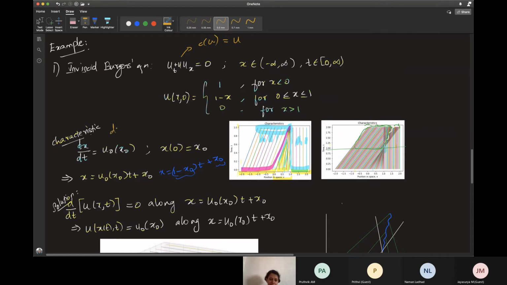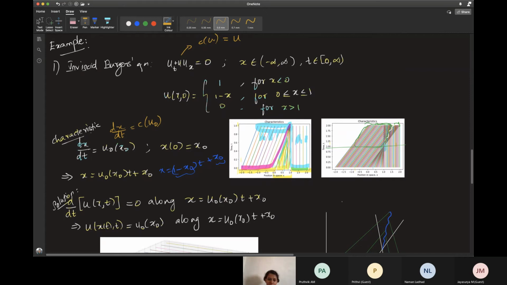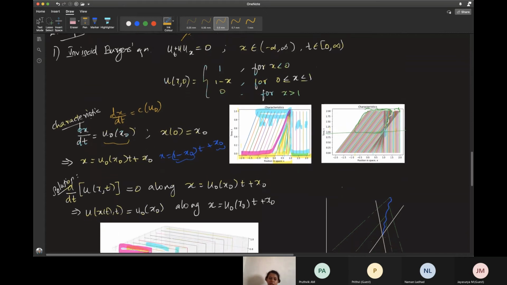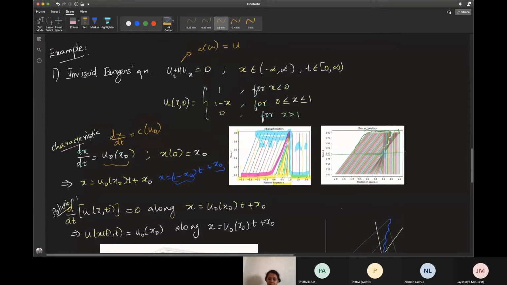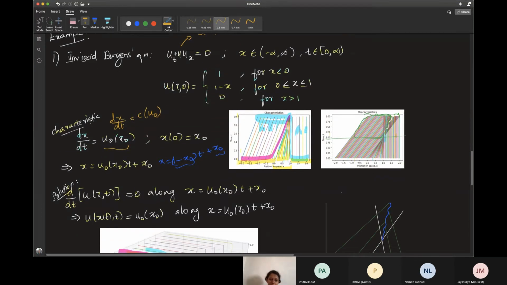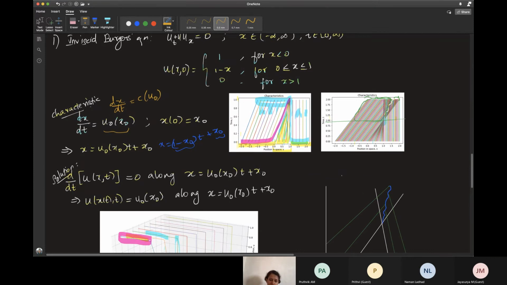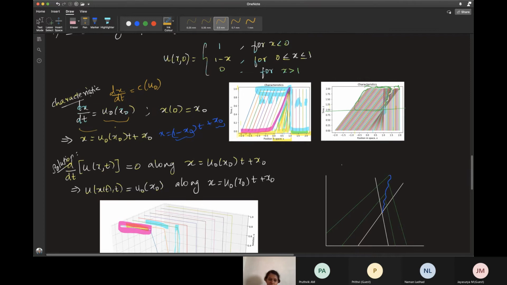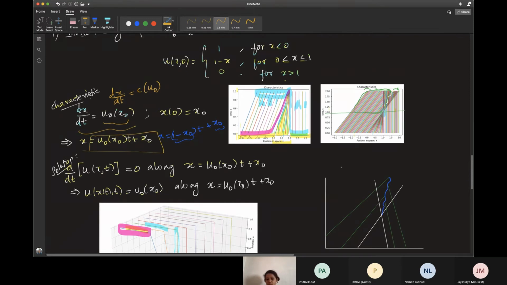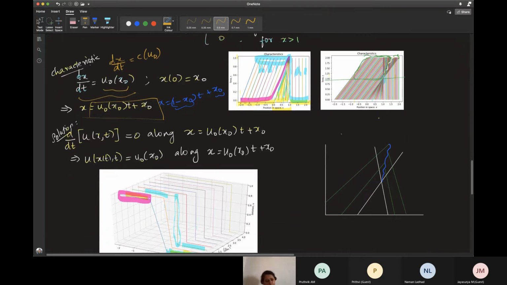So dx by dt equals c of u naught, which is basically u naught only. At each and every starting point we have a different u naught, so you have u naught of x naught and x of 0 equals x naught. Integrating this, you get the equation for the characteristic. This is how we found these characteristics last time.